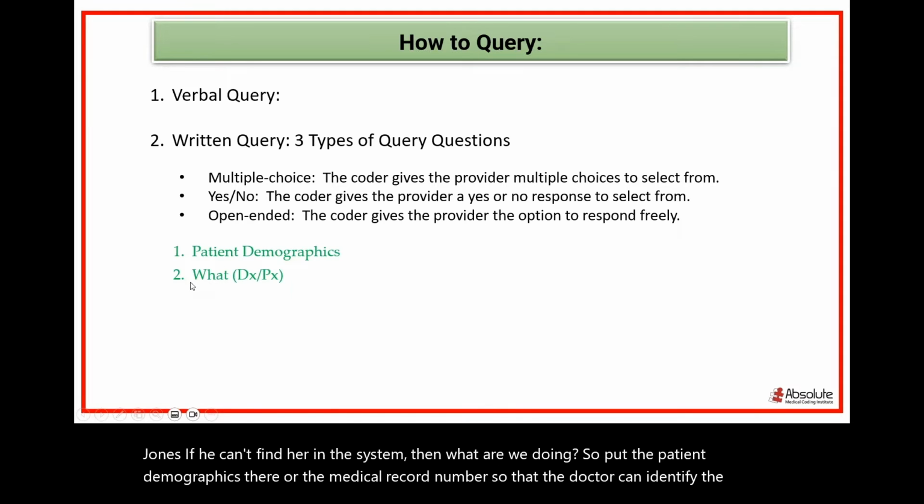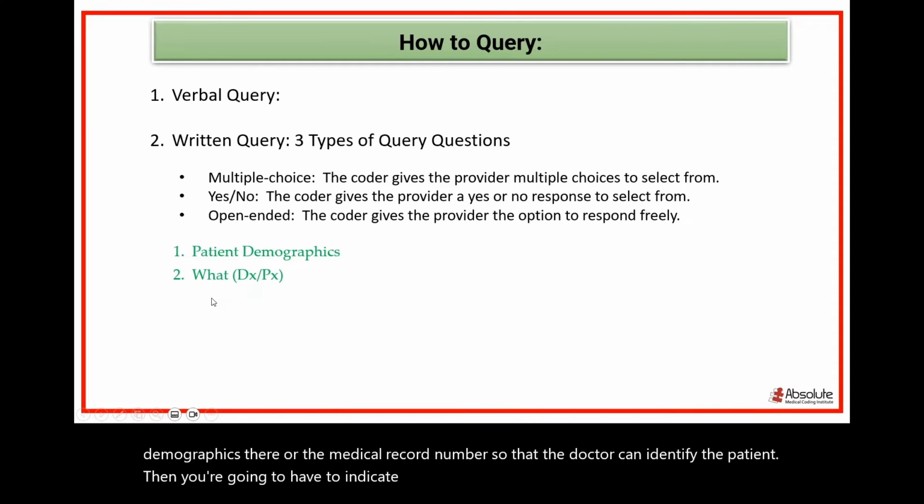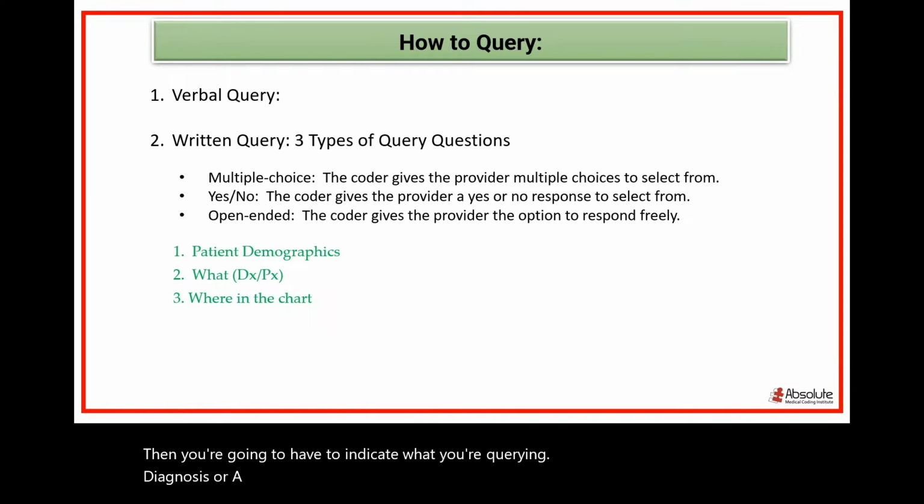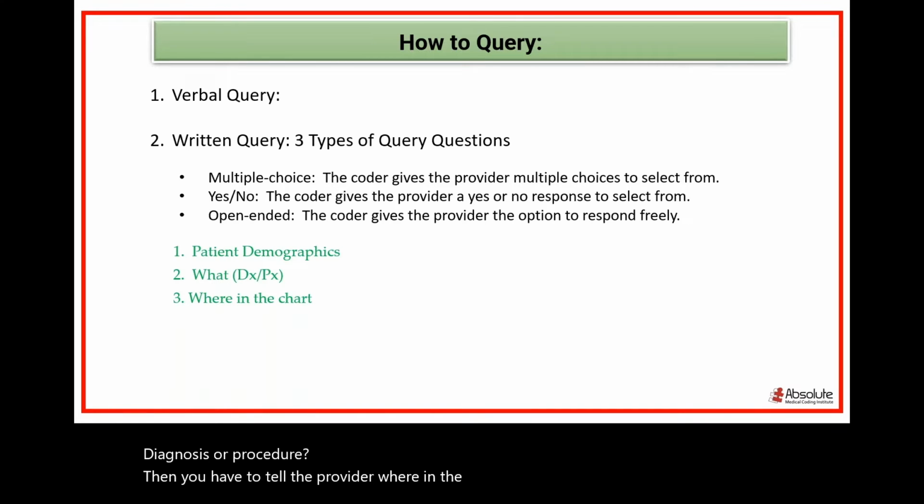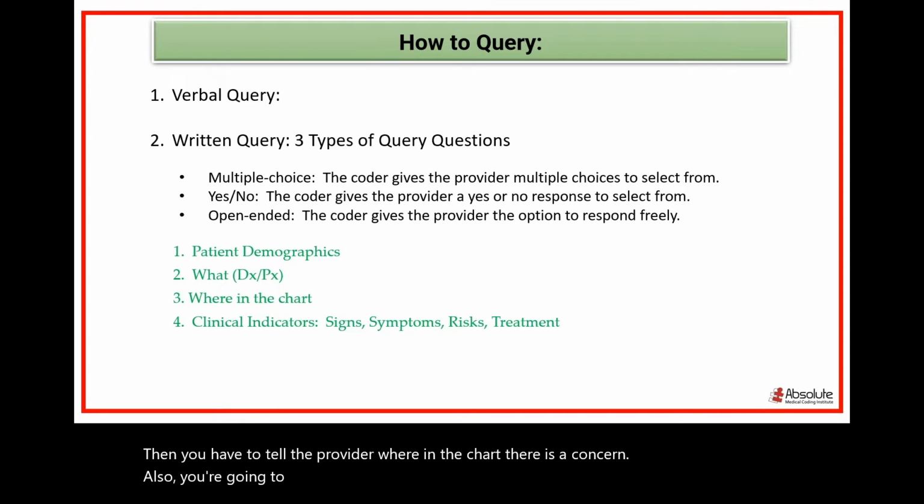Then you're going to have to indicate what you're querying. Is it a diagnosis or a procedure? Then you have to tell the provider where in the chart there is a concern. Also, you're going to have to list the clinical indicators. Always list the signs, symptoms, diagnoses, the risks, and the treatments rendered.